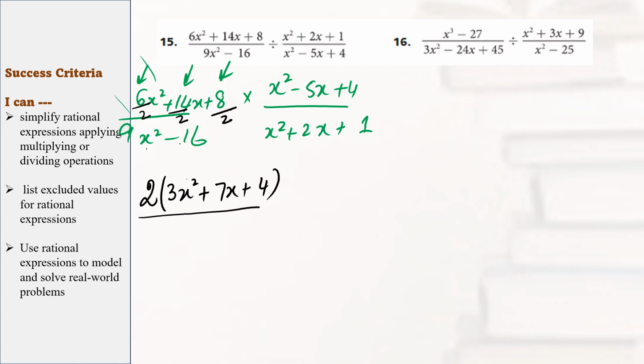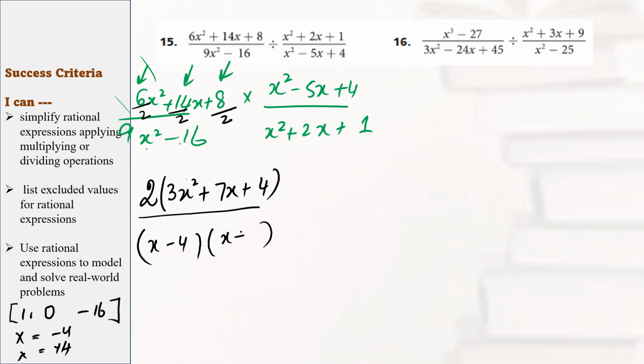Now x squared minus 16, write it in the calculator, that is 1, 0 and -16. You will get the answer x -4 and x +4. So in order to factor it, -4 changes into +4 and +4 changes into -4.